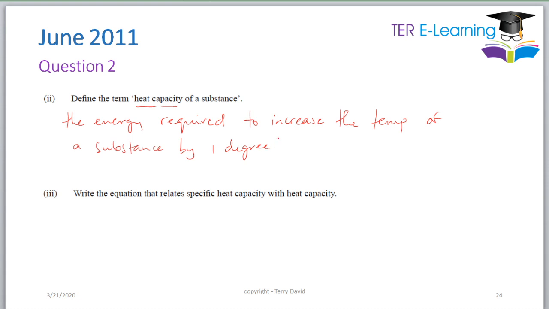Right? So it's the energy required to increase the temperature of a substance by 1 degree, which is different from specific heat capacity. Right? And heat capacity, the symbol for heat capacity, it's a big C.